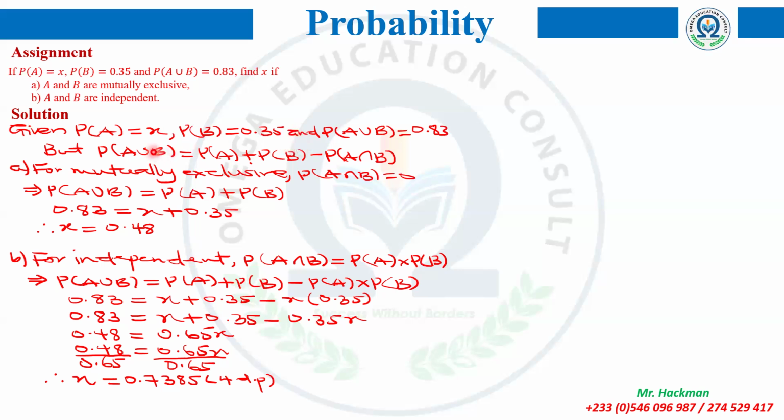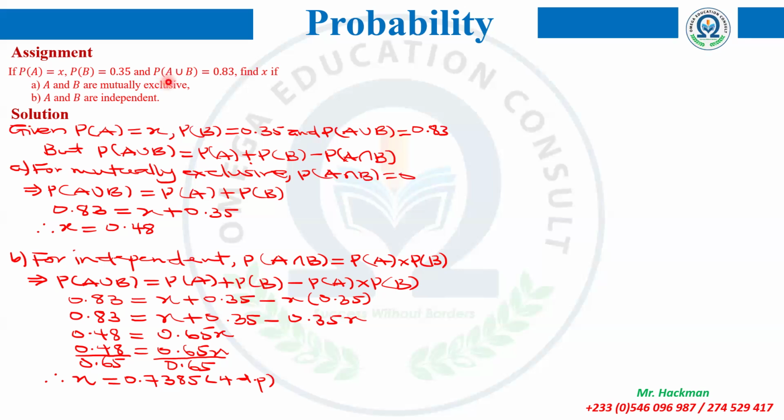So take note. Then let's appreciate the question carefully. The question here is giving you information about A union B. You should also always know that A union B will usually, in the general case, involve A intersection B. However, whether A intersection B will be 0 or not depends on the type of event you are dealing with, mutually exclusive or not mutually exclusive.